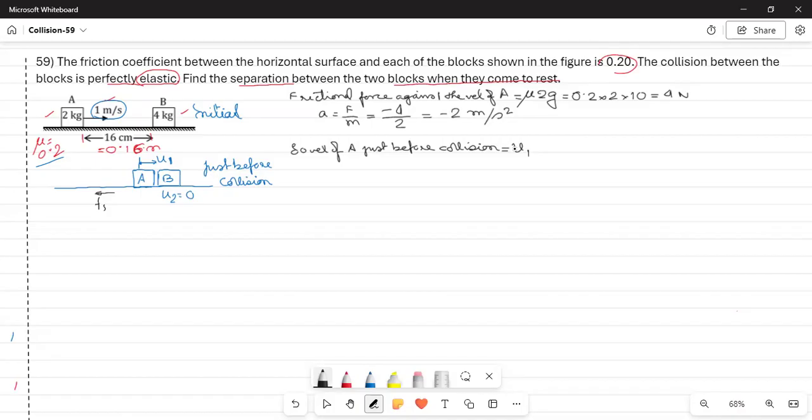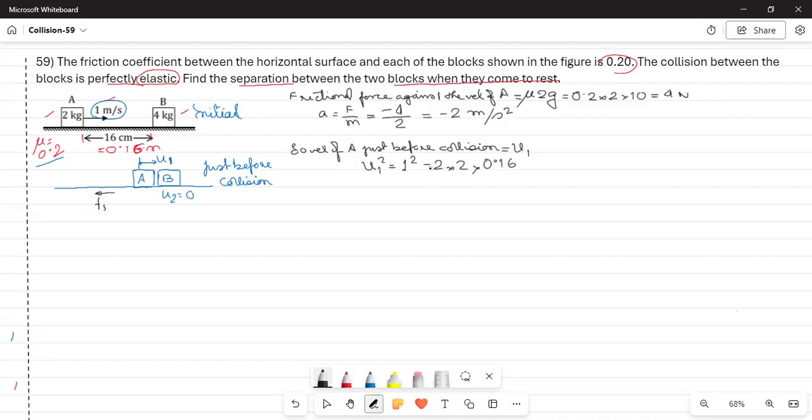Then from the kinematic formula, we know u1 squared will be equal to its initial speed 1 squared minus 2 into acceleration 2 multiplied by the distance 0.16.